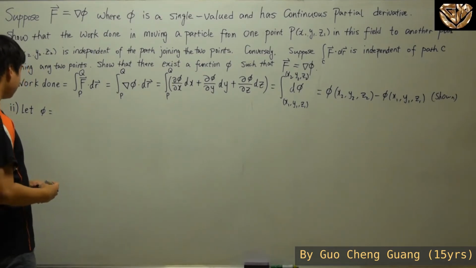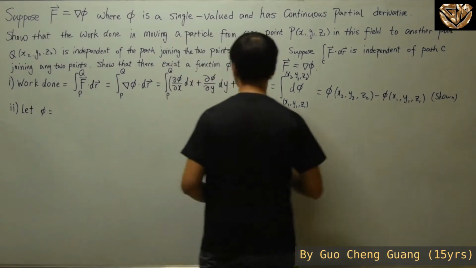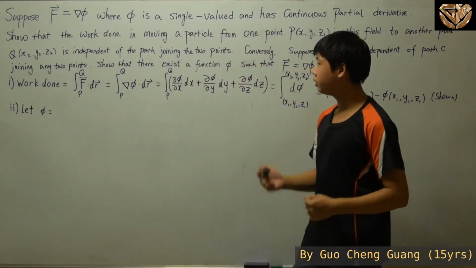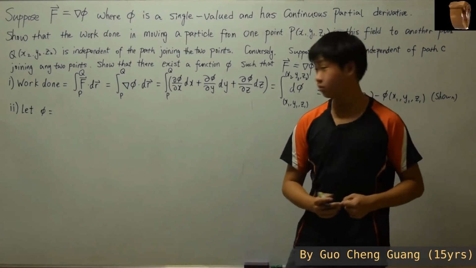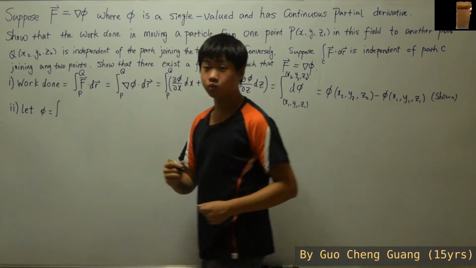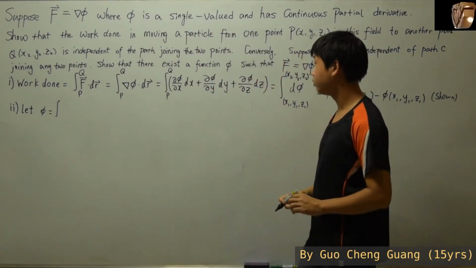What do you think this phi can become? It could be some sort of integration perhaps, but what do we want this exactly to be?